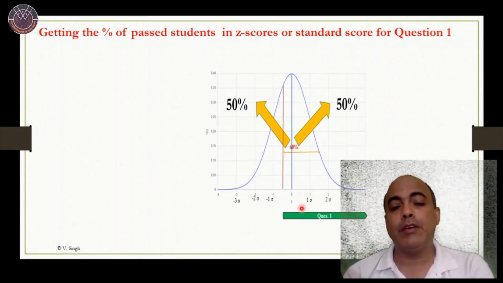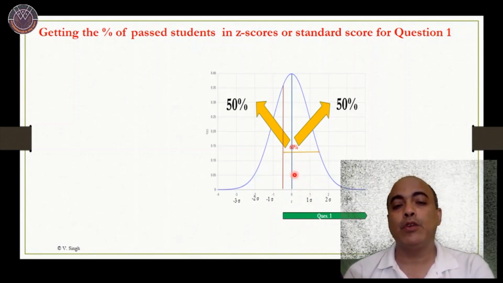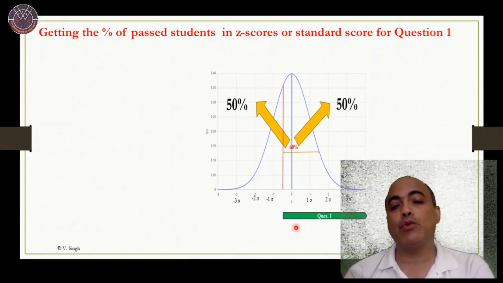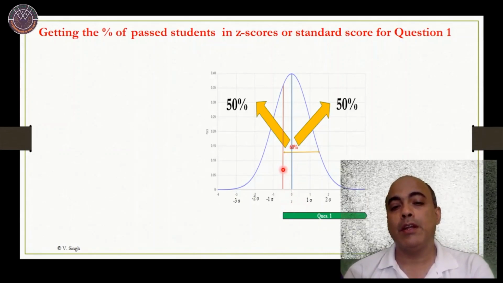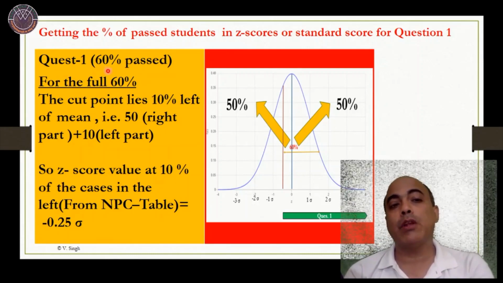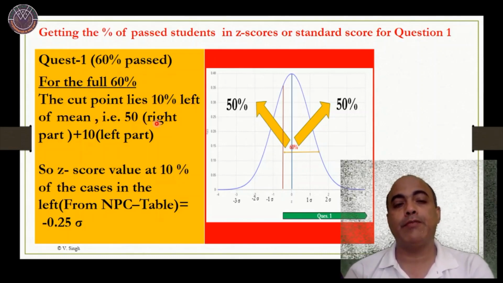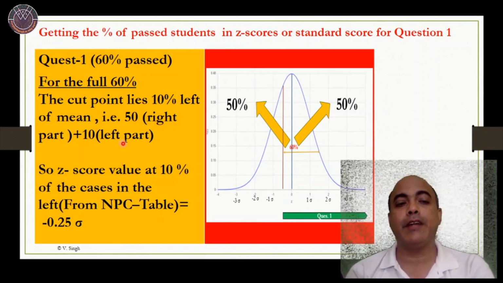So 60% of students are lying here, and we need to find out the Z score for this particular cut point. As we have got for question number 1, 60% have passed this item, so the cut point lies 10% left of the mean. That is 50% in the right part and 10% in the left part.